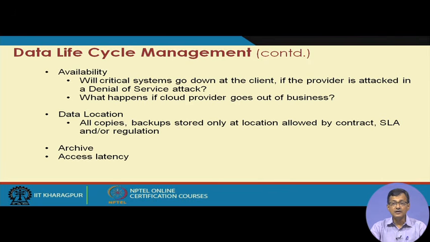Another issue that makes it different from the traditional setup is that your data, application, functions, and processes are located in premises over which I do not have much control, other than looking at the SLAs. This is another major challenge.